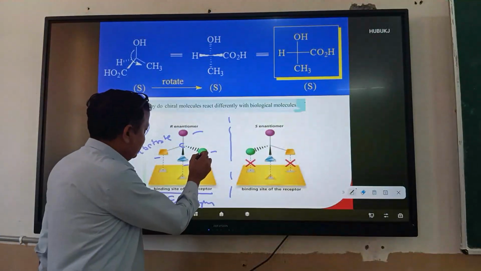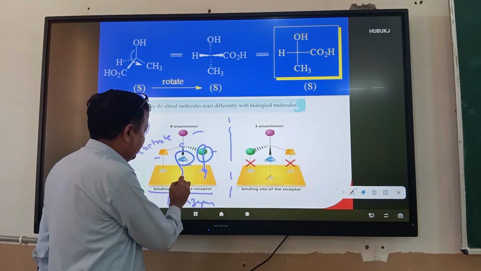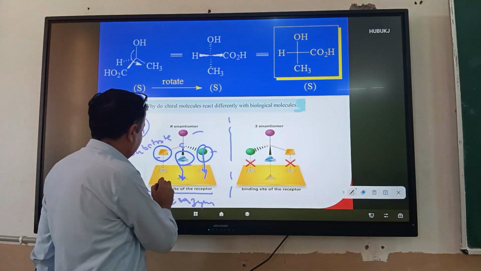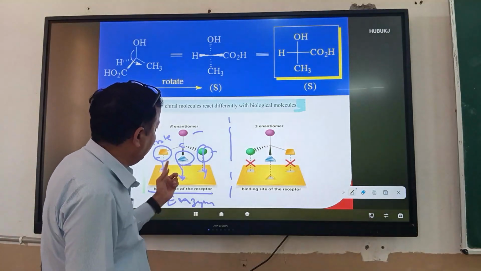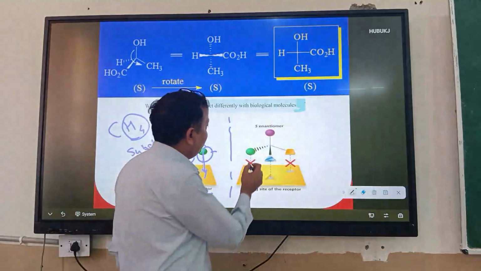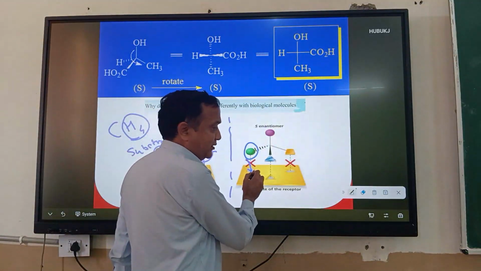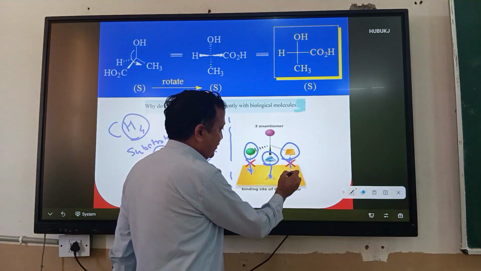In the first case, the ball will fit in the circle, the triangle will fit, and this scale will fit in this scale. But its mirror image will not fit. Here the ball will not fit in the scale, the triangle will not fit here, and the scale will not fit in the circle.